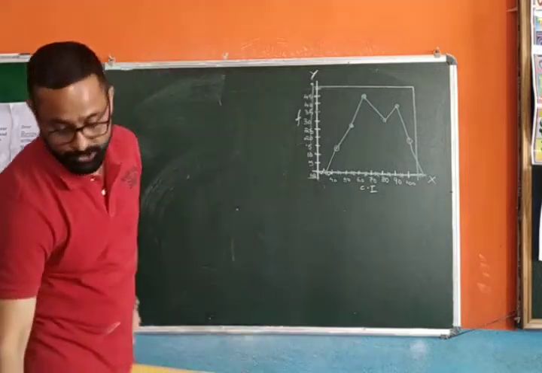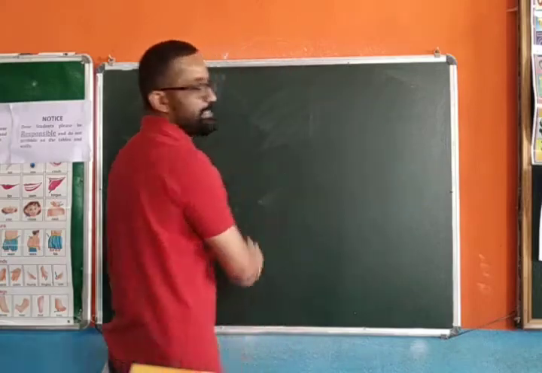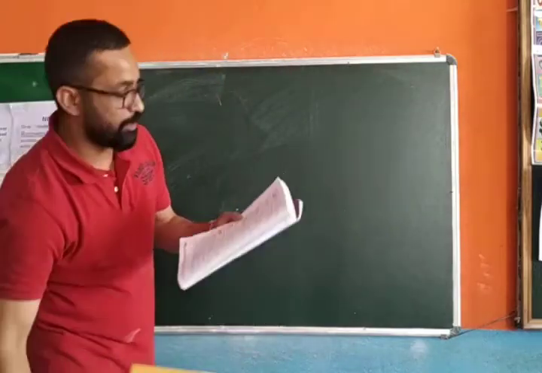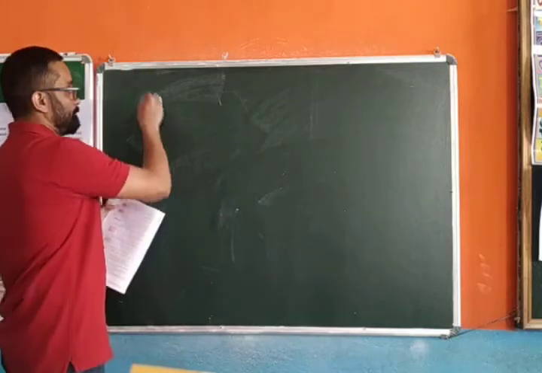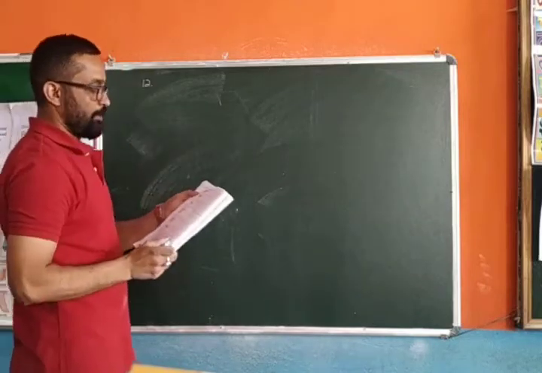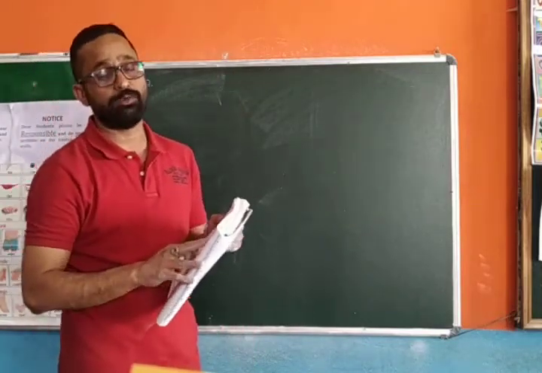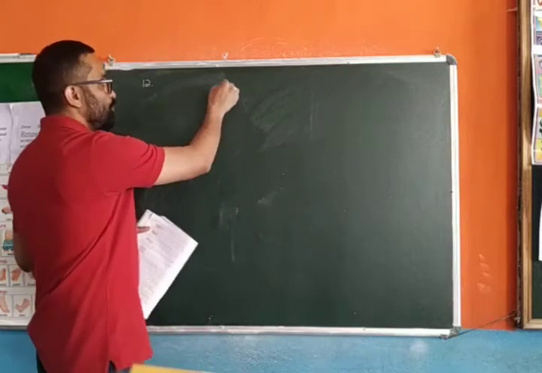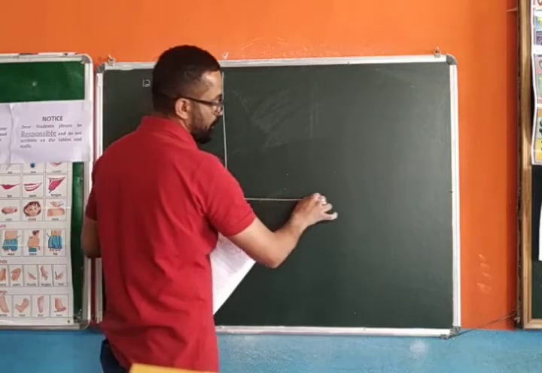I'll do one more sum. It's easy. Question number 12. In a class, 60 students, marks obtained in a monthly test are given in form of table. So you draw a vertical line, horizontal line.